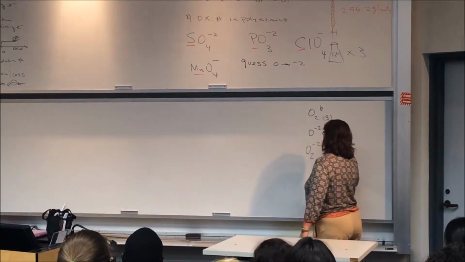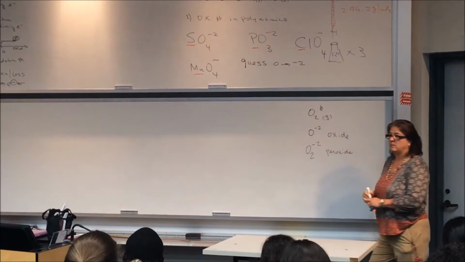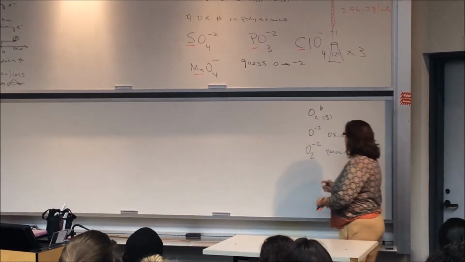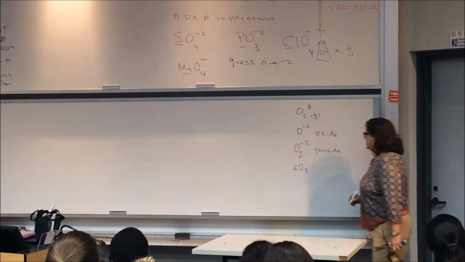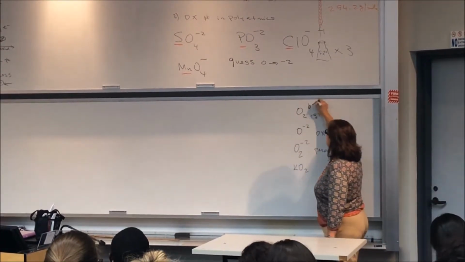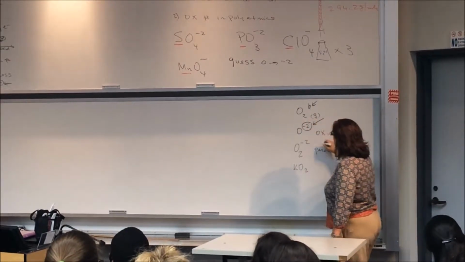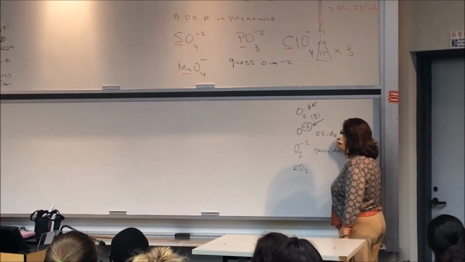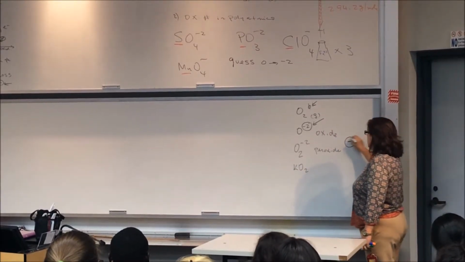O2 -2 is peroxide. Is that right? Okay. And how about this one? What is the oxidation number of oxygen here? 0. What's the oxidation of oxygen here? -2. Hey, what's the oxidation number of oxygen in peroxide? -1.